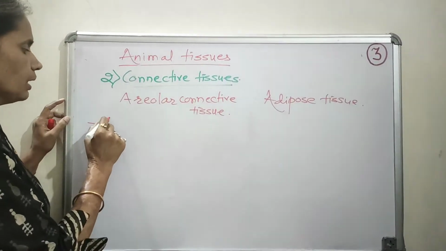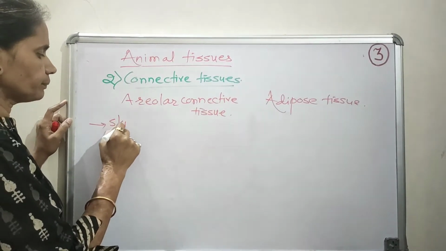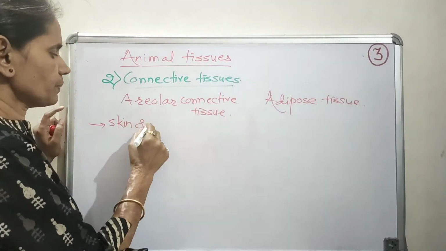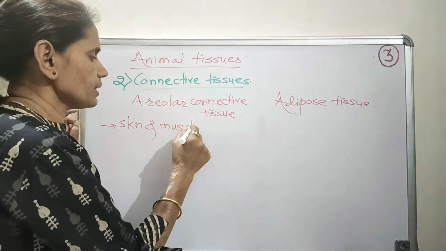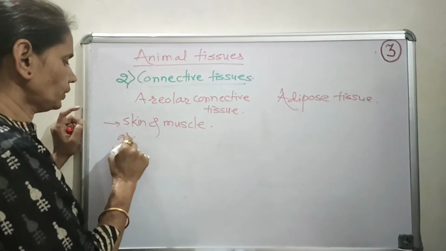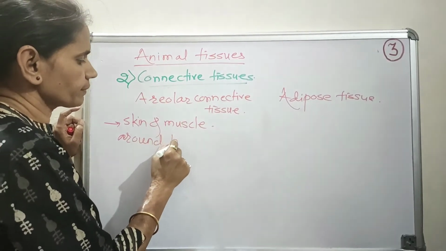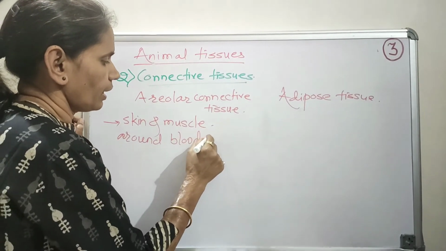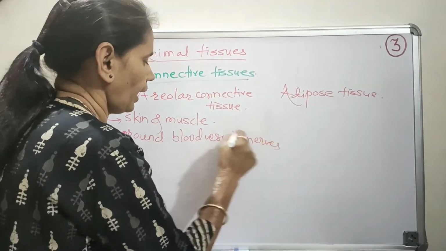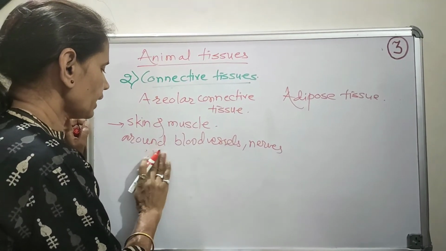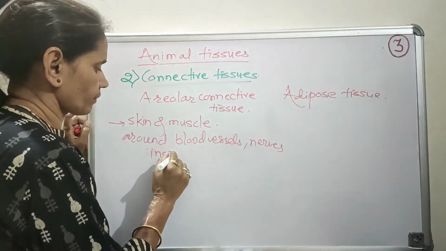Areolar tissue is present between the skin and muscle, as well as around blood vessels, nerves, and inside the organs.